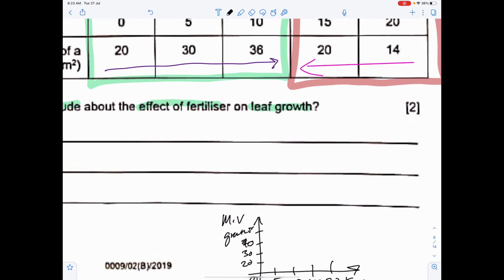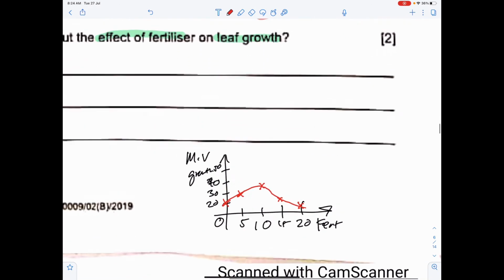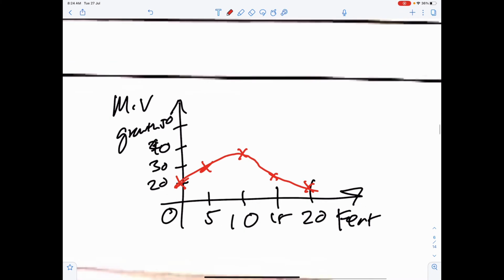So if I were to do a very simple plotting, I would know that at 0 it is at 20, at 5 it is at 30, at 10 it is at 36, at 15 is at 20, at 20 it is at 14, somewhere here. So if I were to draw the curve, can you see that anything that is over 10, be it here, here, here, here, here, it starts to drop.